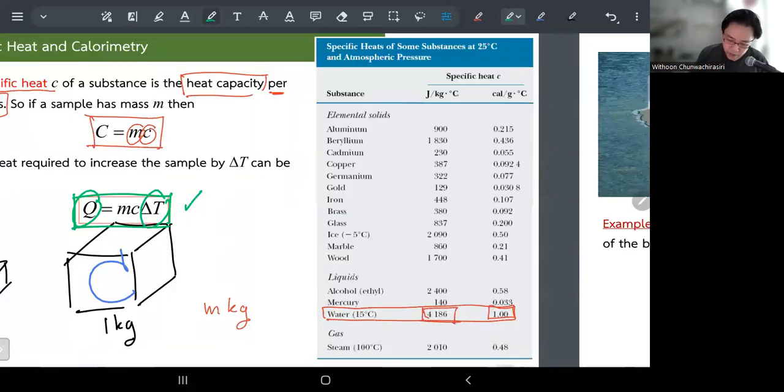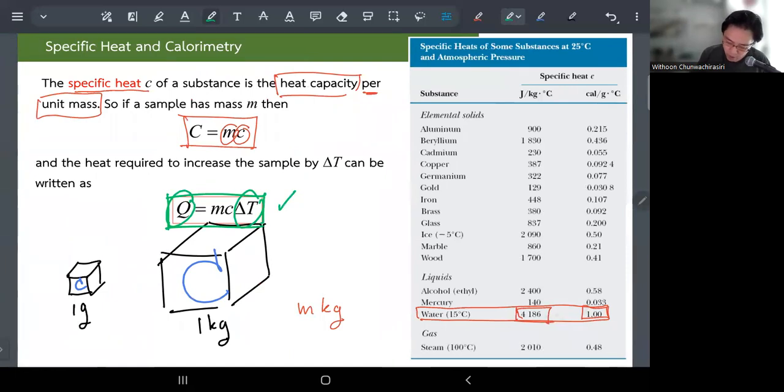Cool. And if you come back to this table right here, you can see water is a pretty big specific heat substance, in comparison to, for example, aluminum, iron, glass, wood, marble. All those have smaller heat capacity or specific heats than water.